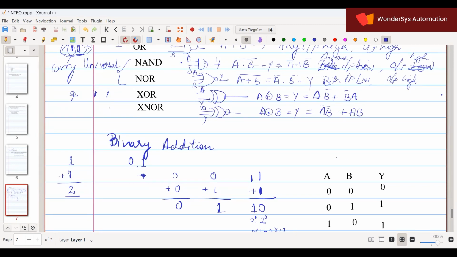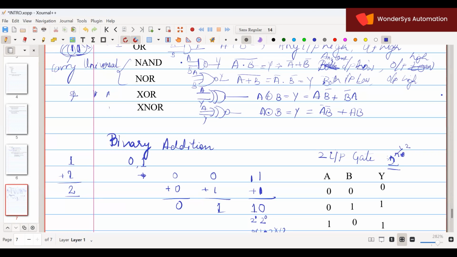And there is one more thing I need to tell you. Whenever you have inputs to gates, the truth table output combinations will be 2 power n, where n is the number of inputs.